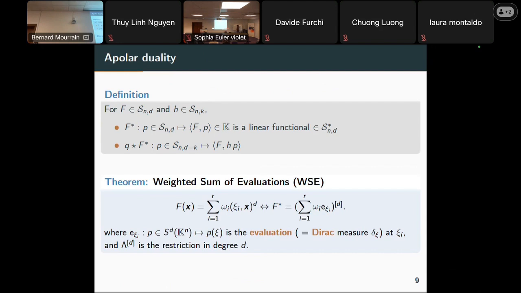So what is xi_i dot x? This is the sum over j of xi_{i,j} x_j. Here I have a point xi_i, and here I have a vector of variables x, belonging to K^n, and this is equal to 1.